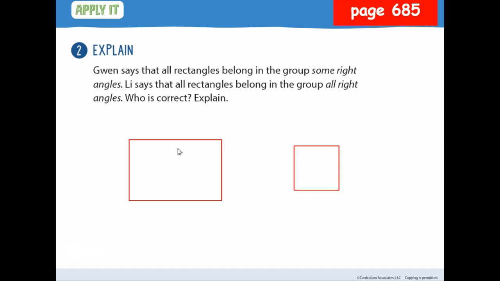Hey, your book, if you close your book, the cover, isn't that a rectangle? Okay. They all have right angles. By the way, they all have 4 of them. Rectangles, squares have 4 right angles. All right. So Lee is correct.